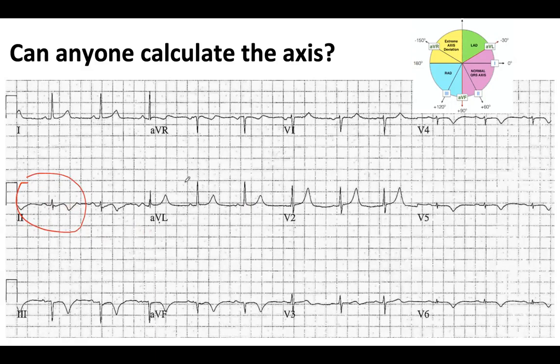Perpendicular to it is AVL. We look at AVL. Is AVL mostly positive or mostly negative? AVL is mostly positive, so we're going towards AVL. So it is negative 30 is the axis, not positive if you were thinking positive.